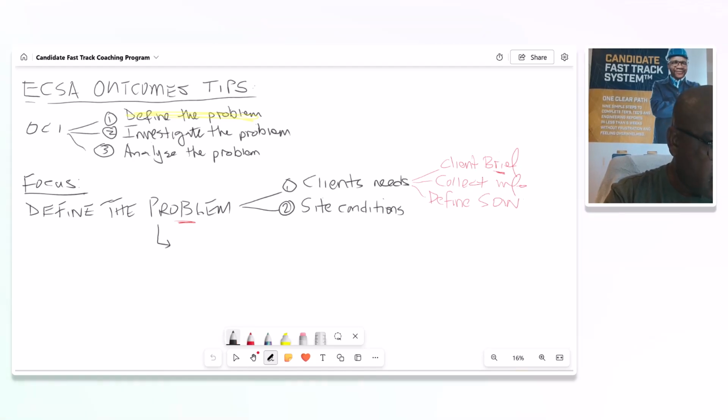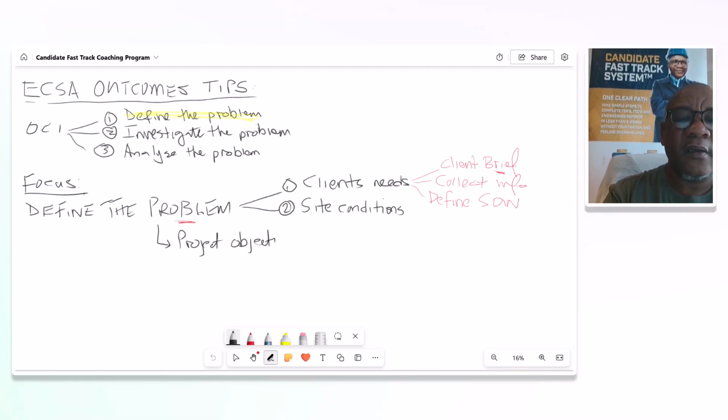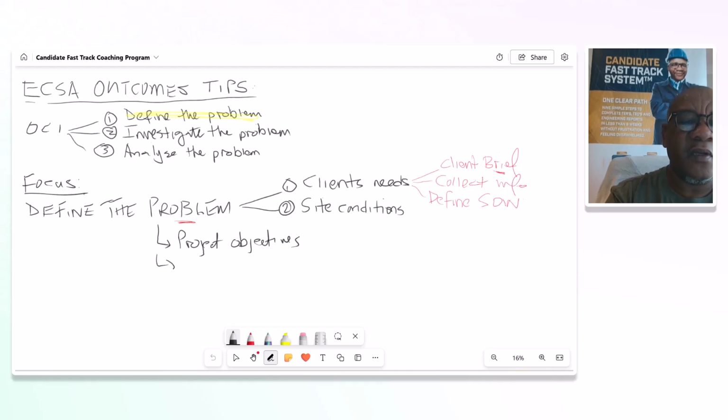You can understand the project objectives. Look at the site condition or site context. Look at the constraints. So I'm going to use this triangle. This is the problem, and you look at the constraints.